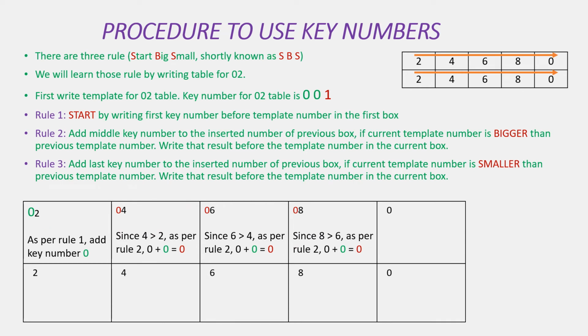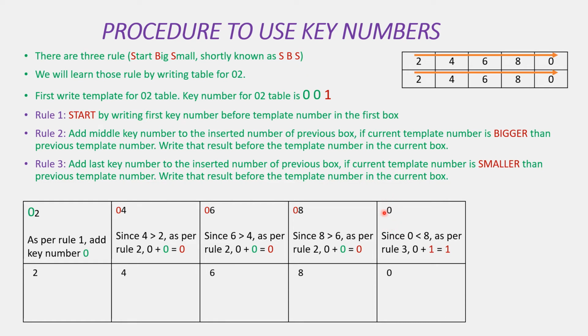Now we will see rule number 3: Add last key number to the inserted number of previous box if current number is smaller than previous template number. Write that result before the template number in the current box.